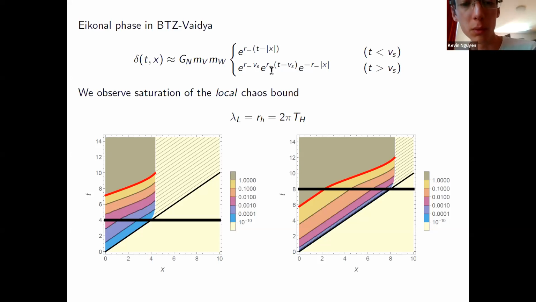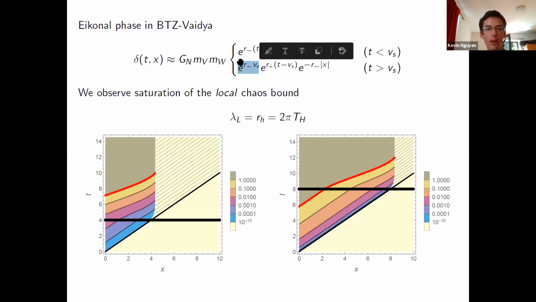So we have saturation of the local chaos bound. The exponential increase will always be sensitive to the local temperature. Before the quench, the temperature is r minus. After the quench, it's r plus. Here, this factor is basically the amount of exponential increase of Lyapunov growth that happened before energy injection, between 0 and Vs. And after that, we have this other Lyapunov exponent.